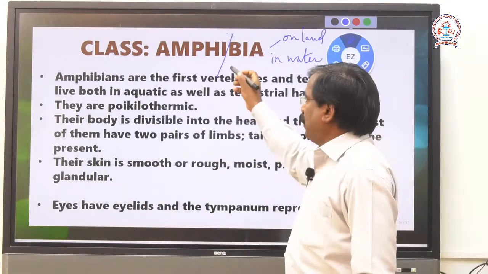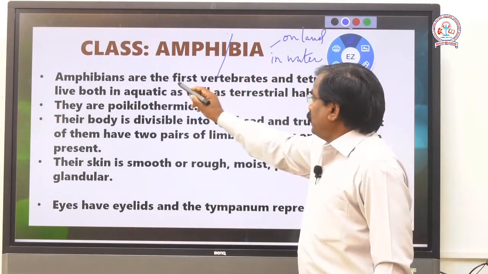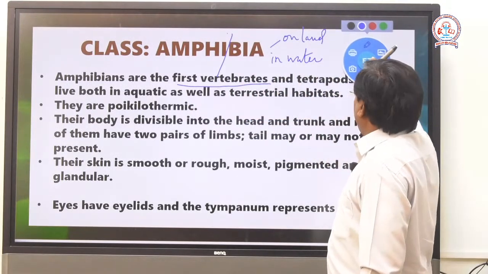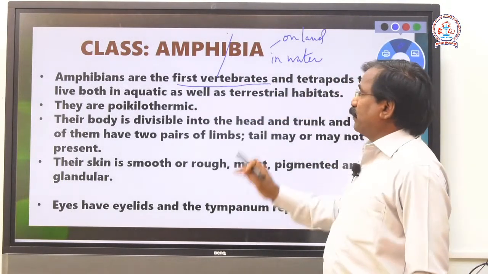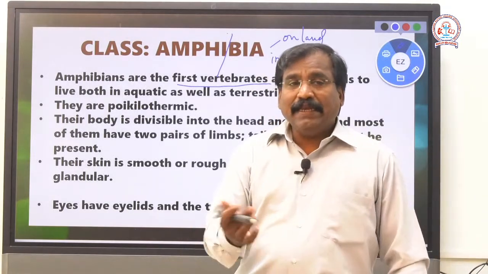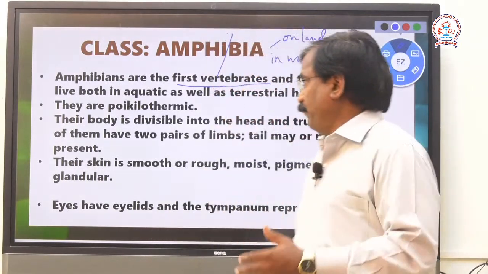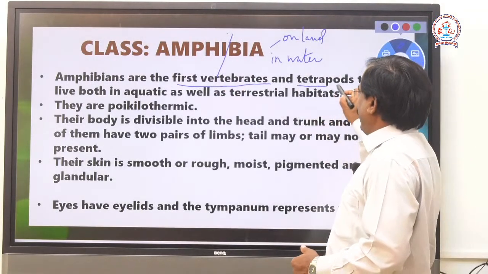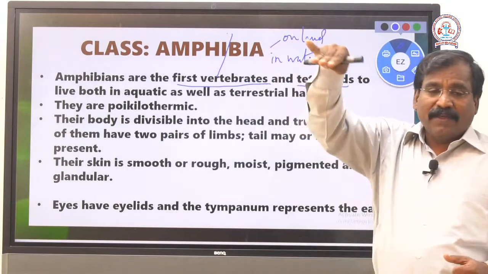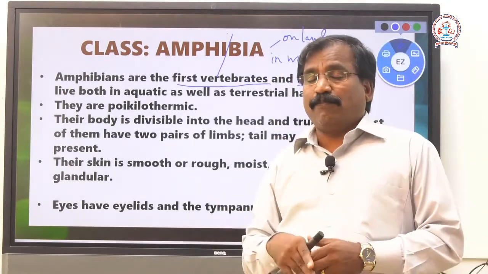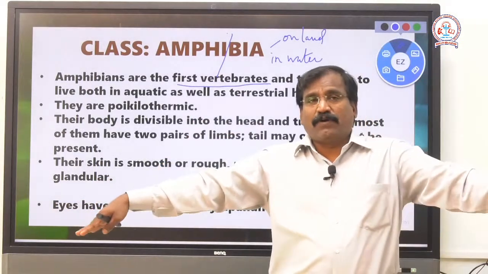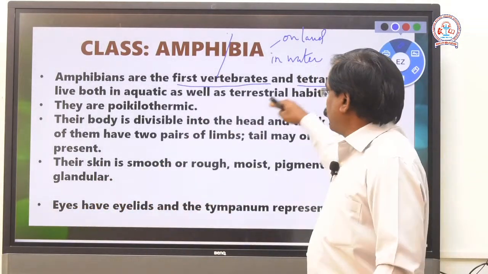The first vertebrate that lives on land and in water is the amphibia. They are tetrapods, the first tetrapods. We saw pisces, fishes, and now the tetrapods: tetra means four appendages, that is limbs. These are tetrapods.